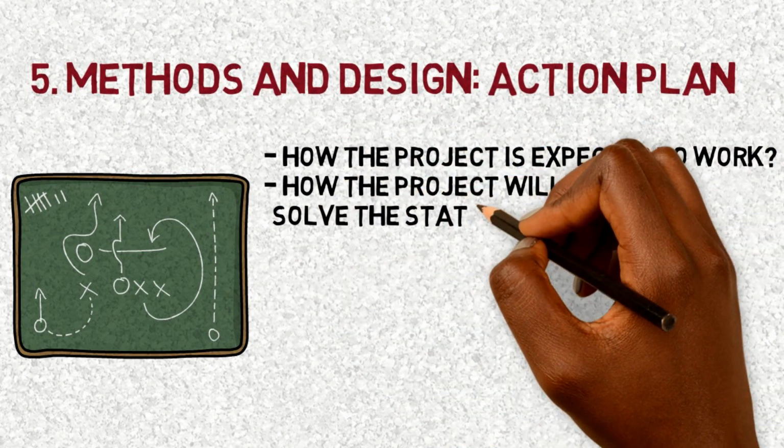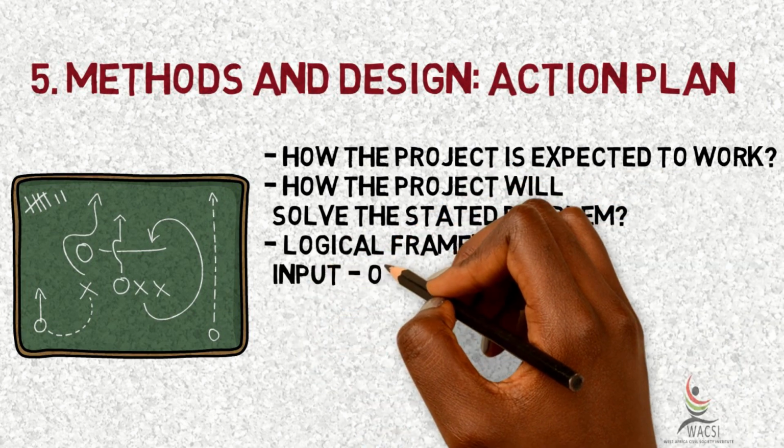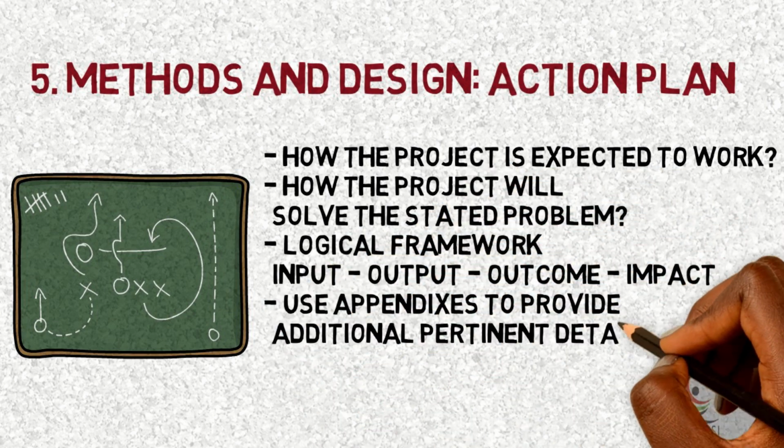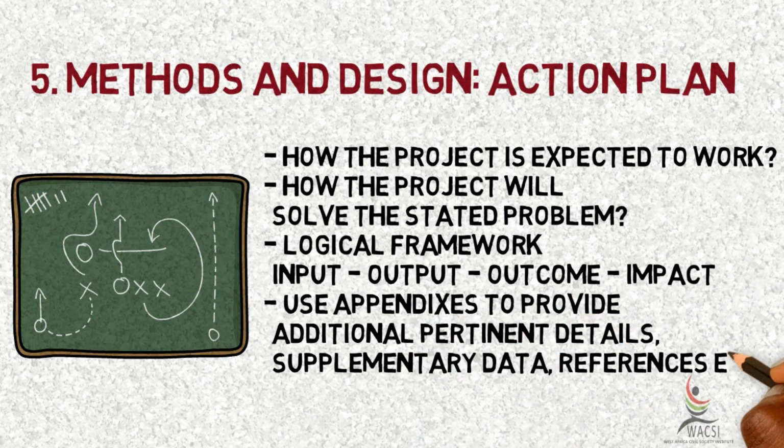This is where you highlight your logical framework, your input, your output, your outcome, and your impact, right? So here we are looking at the various methods and the various ways in which you can design a project in order to respond to the specific objectives, which aligns directly with the statement of the problem.